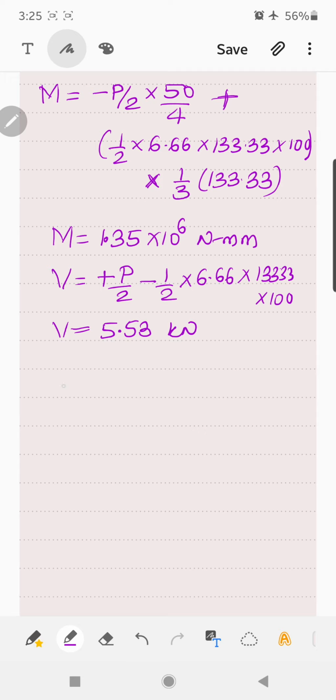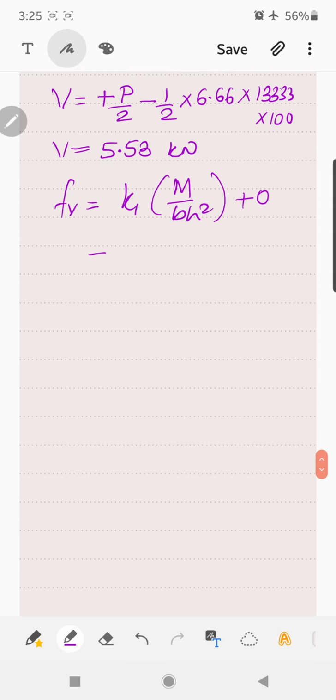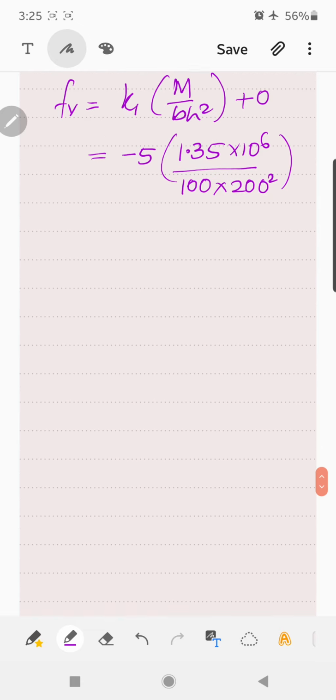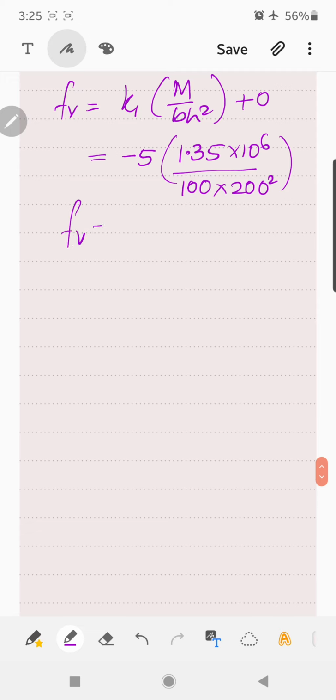FV is K1 into m by BH square plus the horizontal component, 0. This equals minus 1.35 into 10 to the power of 6, the moment value, divided by b 100 into h 200 square. So FV is equal to minus 1.68 Newton per mm square.